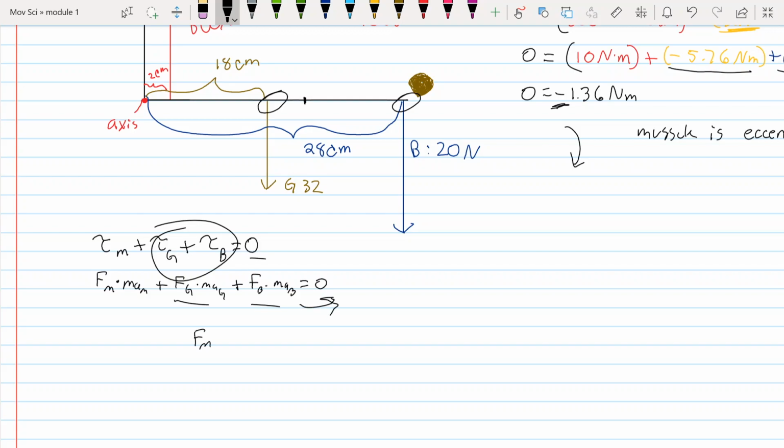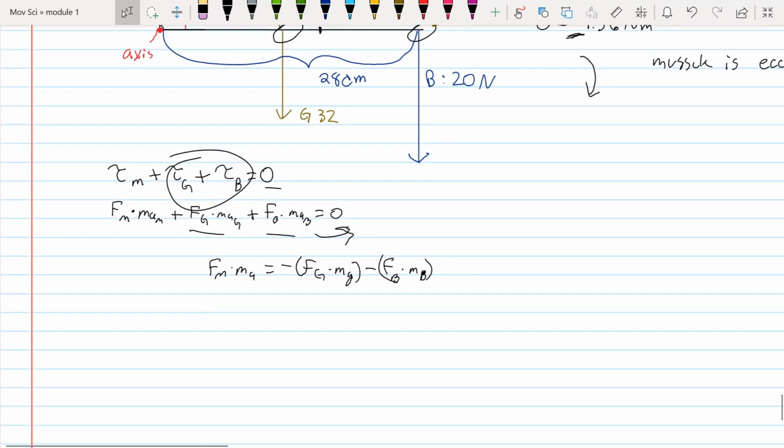We've got the force of the muscle times the moment arm of the muscle equals a negative force of gravity times the moment arm of gravity minus the force of the ball times the moment arm of the ball. Divide by the moment arm of the muscle, and that would equal the force of the muscle equals all of this.